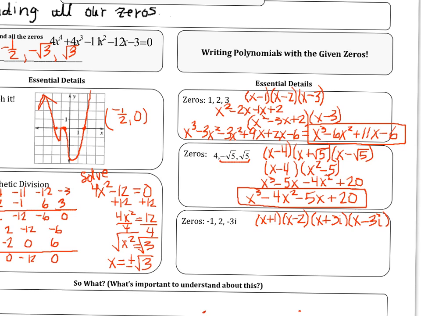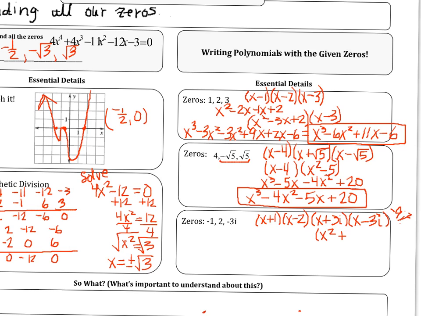So now our last two, if we multiply these last two together here, what's going to happen is our middle two terms are going to cancel out. So I will just be left over with x squared plus, now if I think of 3i times negative 3i, that would give me negative 9i squared.